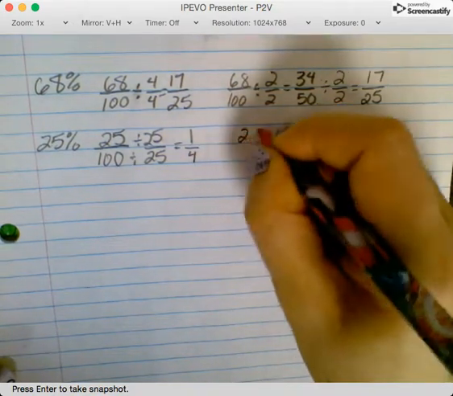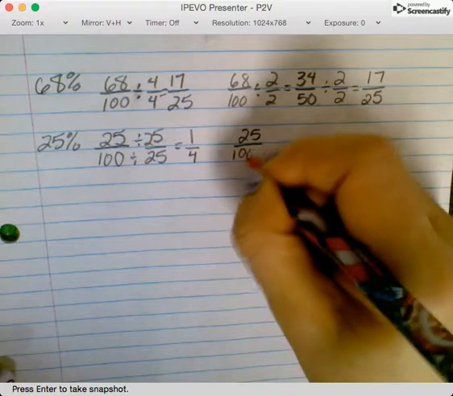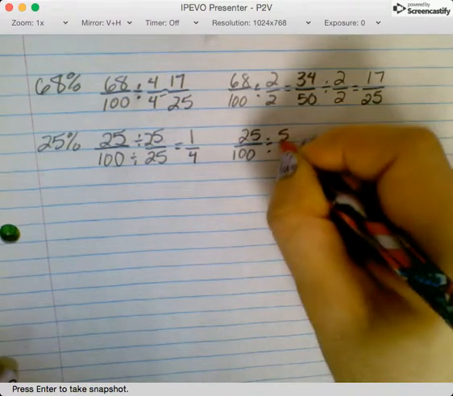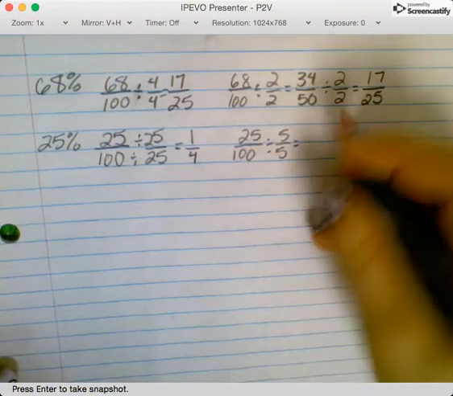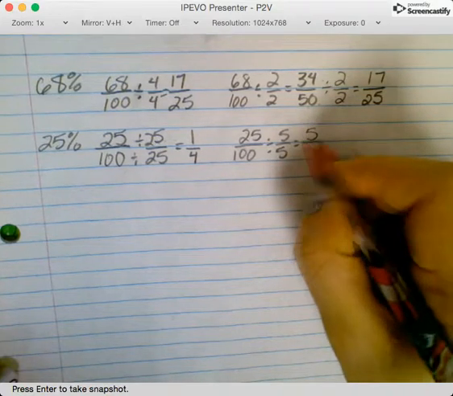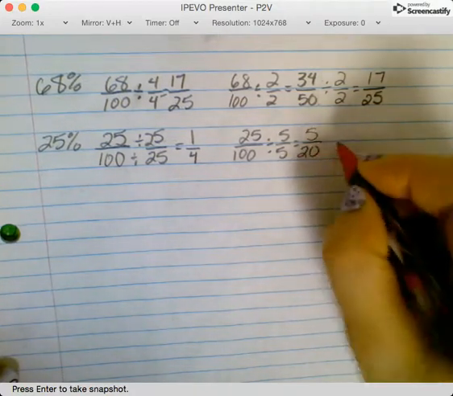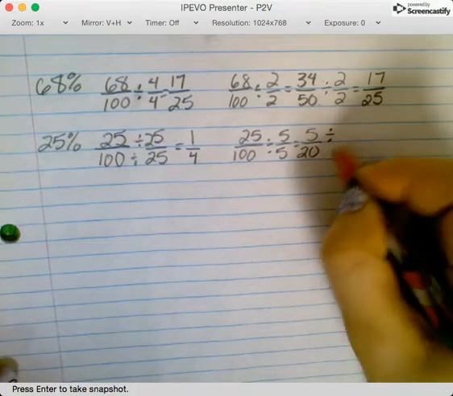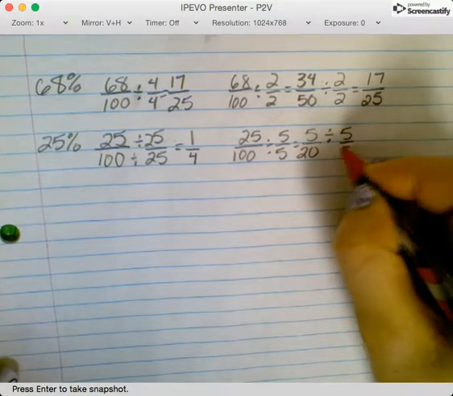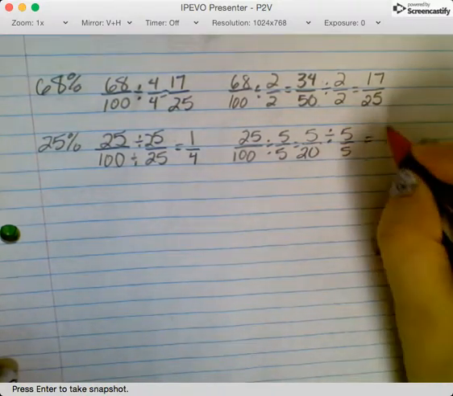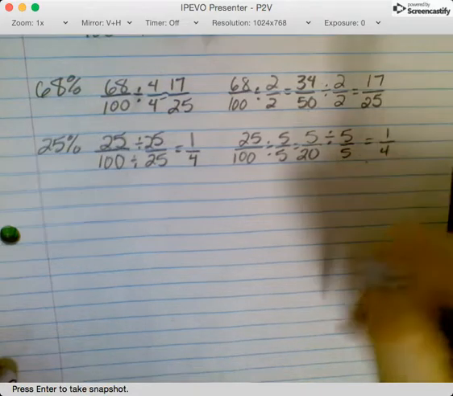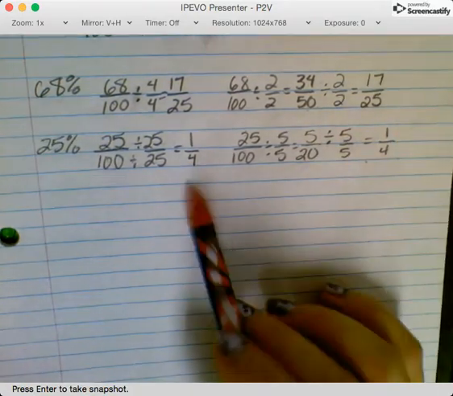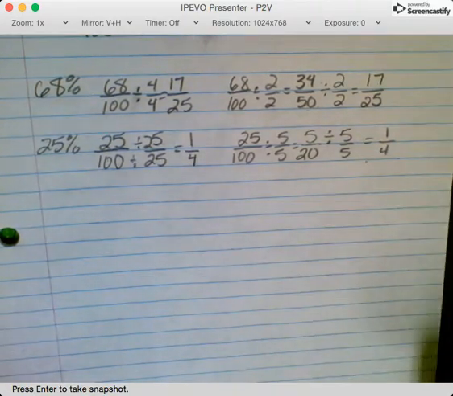And again, I could have divided it more than once. I could have divided by 5. I got 5/20ths, and then divided by 5 again, and got 1/4. And again, I would get the same answer.